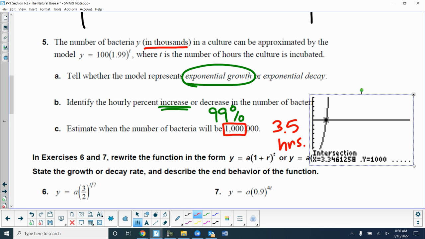Okay, 3.5 hours will get it to 1,000. Questions? So your graphing calculator will help you do that type of problem. So you'll need your graphing calculator for the quiz Friday.